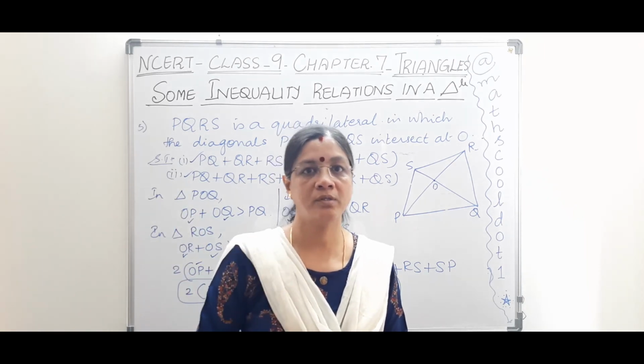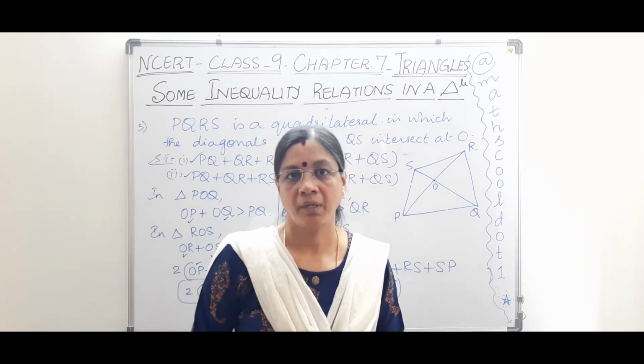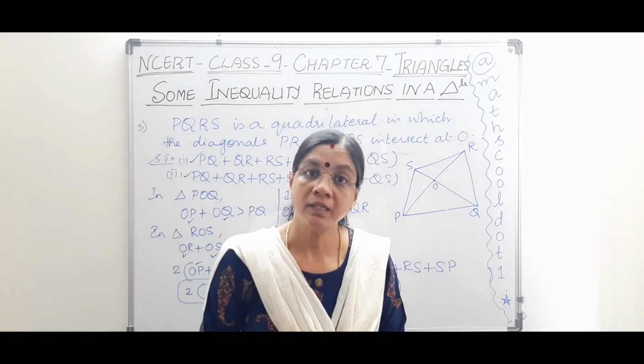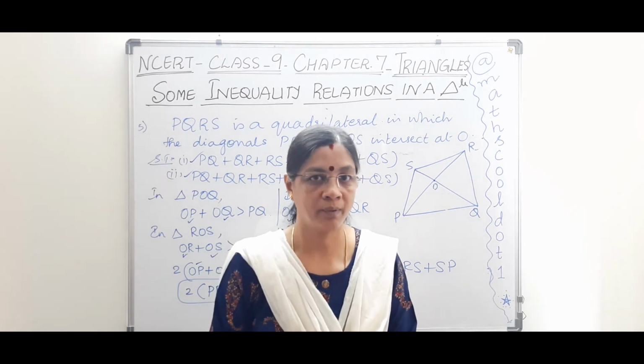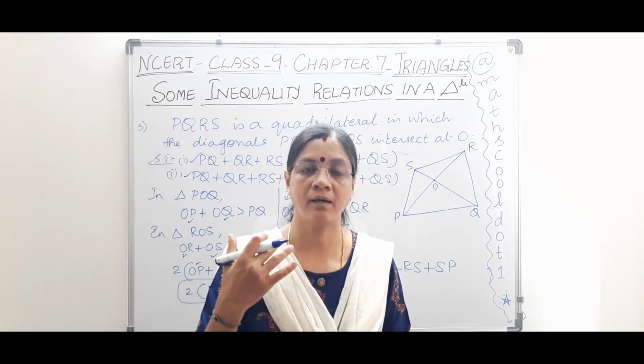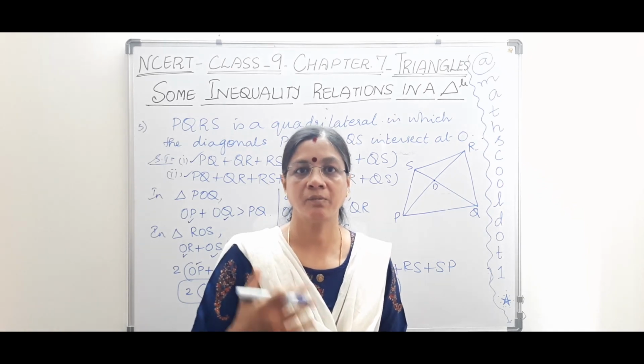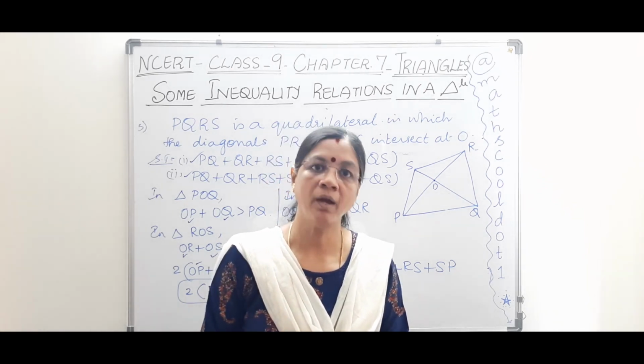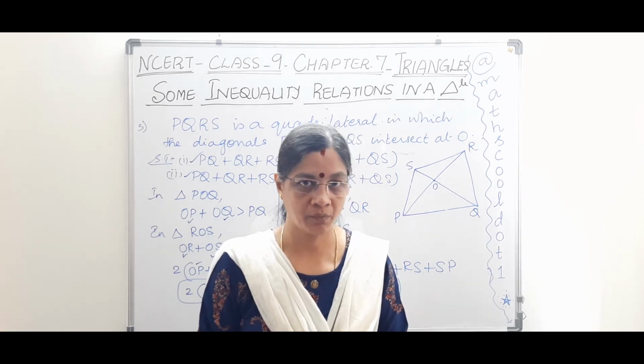We also know what an angle bisector is, what a median is, what an altitude is and how it is constructed, and what congruency is and its criteria, and the CPCT, that is corresponding parts of congruent triangles. All these things we have read about, and please do keep revising.